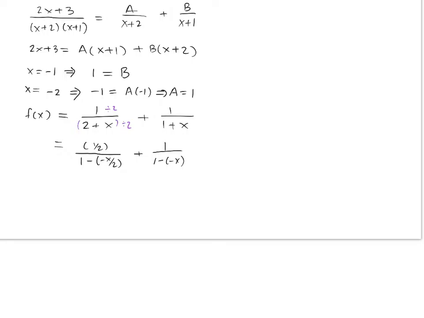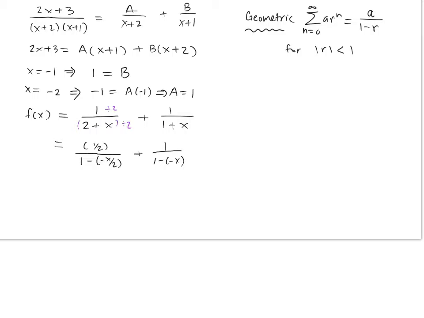And just a reminder, we were using the geometric series formula, which says the sum from n equals 0 to infinity, a r to the n is equal to what? A over 1 minus r. Great, exactly. And this is for absolute value of r less than 1, right? Okay, is that all right?